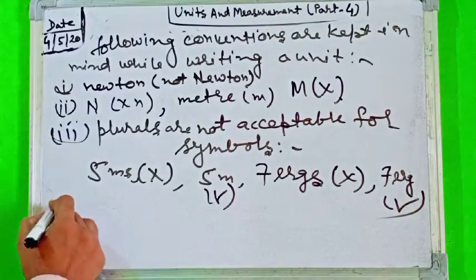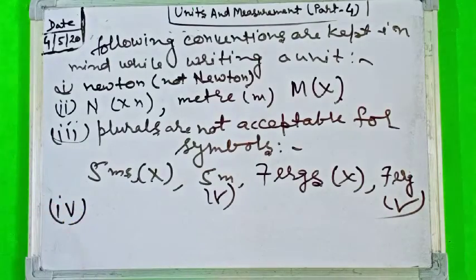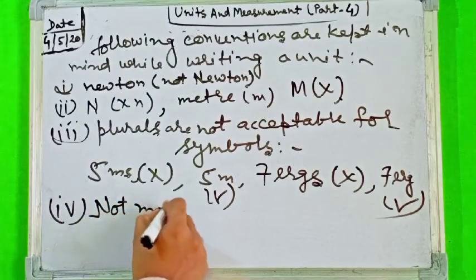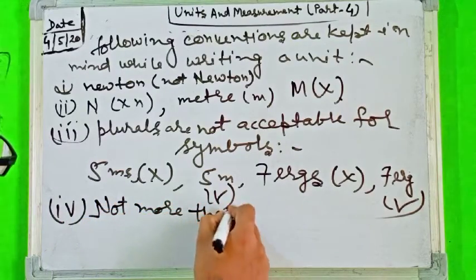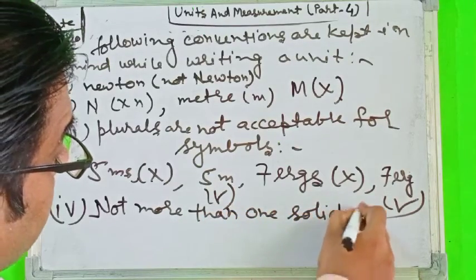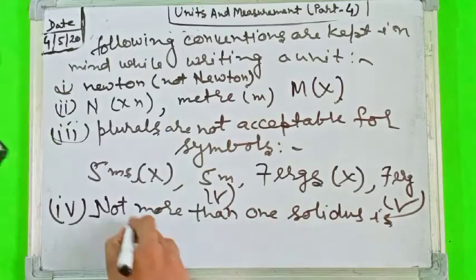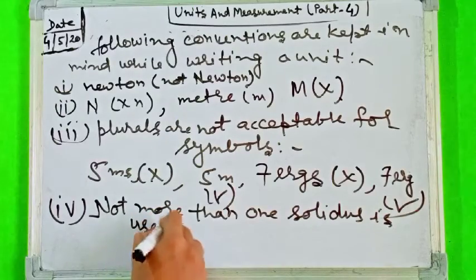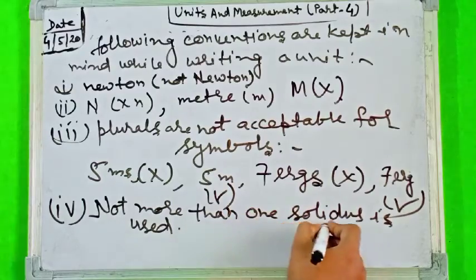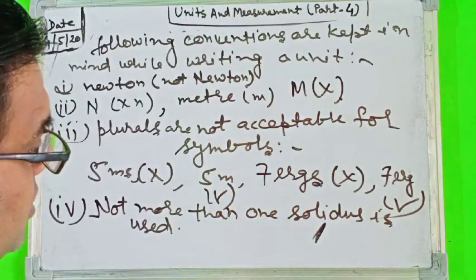Fourth one is, not more than one solidus is used. What is the meaning of solidus? Solidus means per. The slash we use, no? That is called solidus.